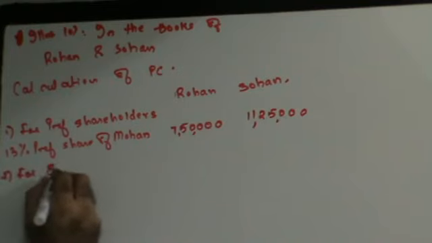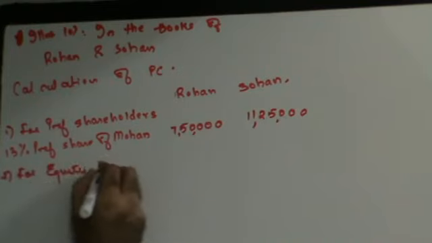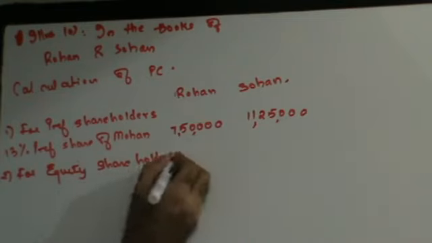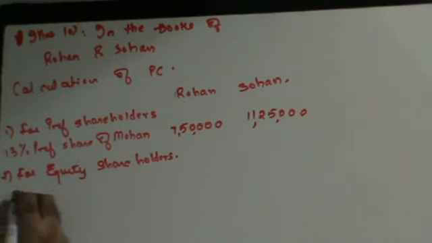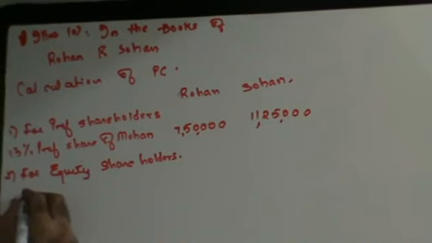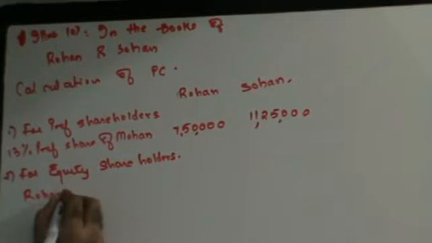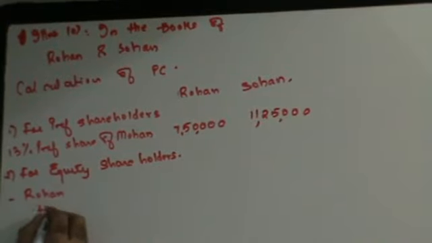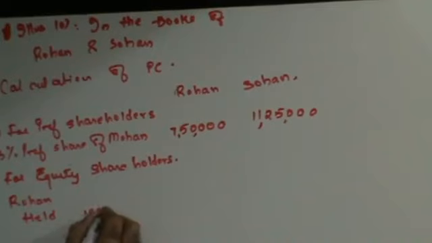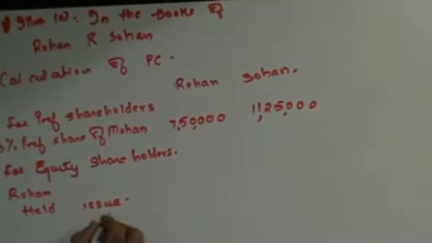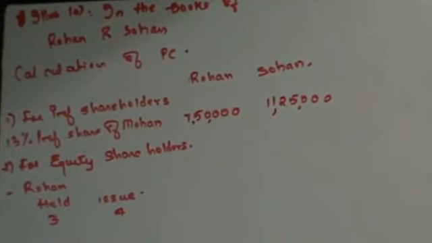For equity shareholders, in the case of Rohan, it will issue 4 equity shares for every 3 equity shares held by Rohan.